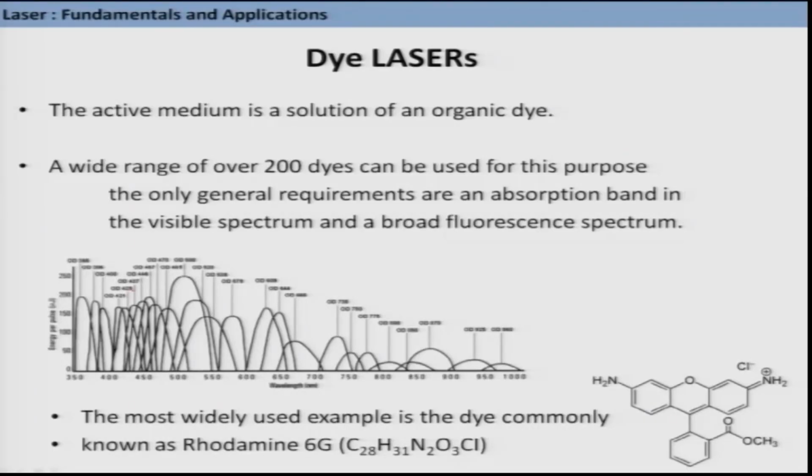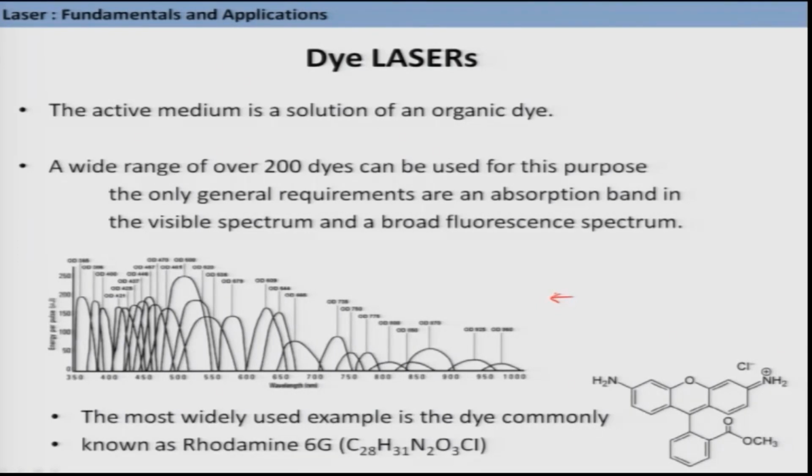Now here I have shown a figure which shows the different regions of the spectrum that we can cover using dyes as the active medium, that is, in dye lasers. You can see it goes all the way from near UV to near infrared.